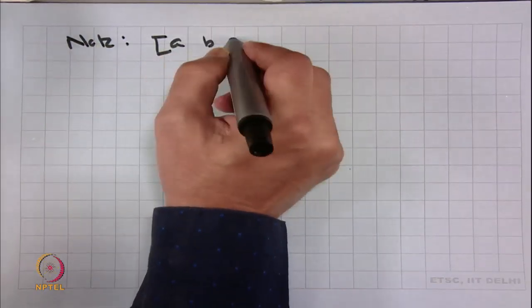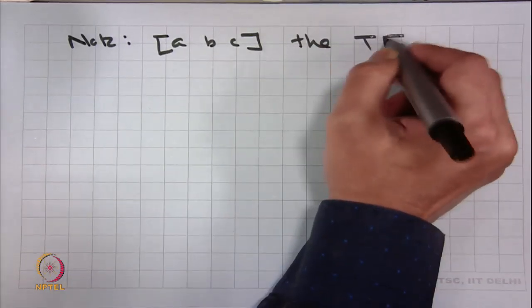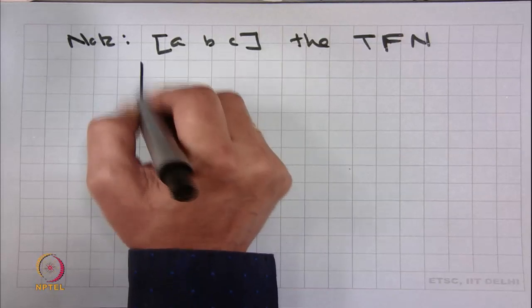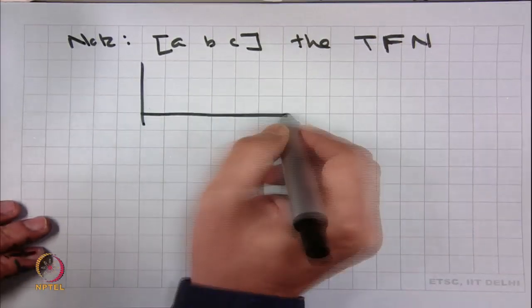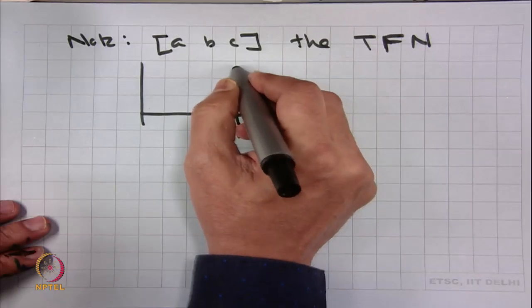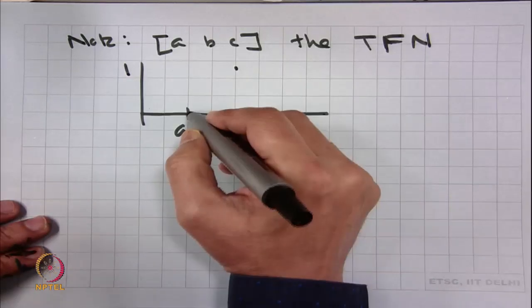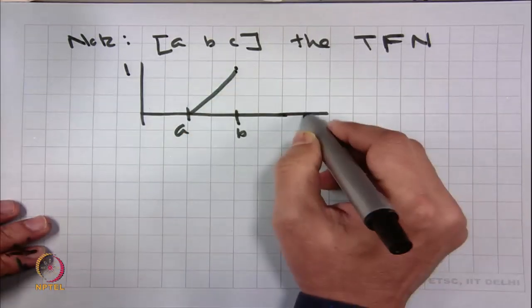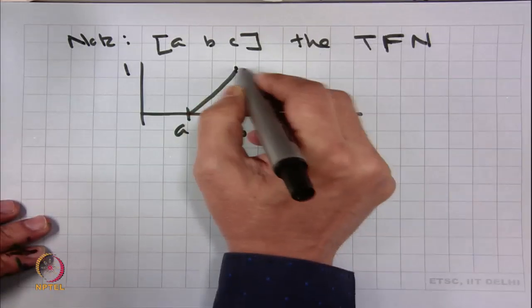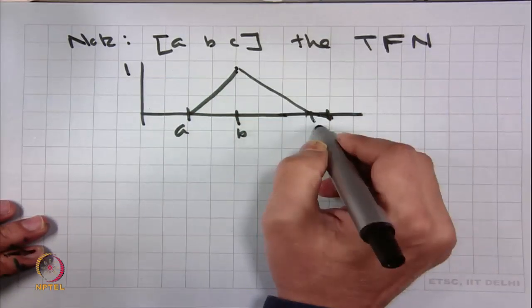(a, b, c) denotes the TFN which has full membership at b, and between a and b it is rising linearly, and between b and c it is decreasing linearly.